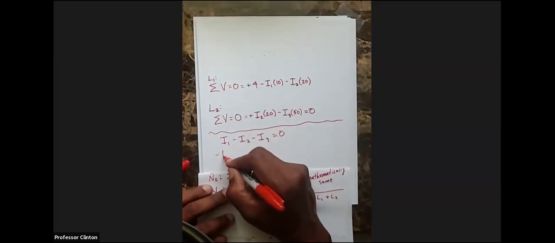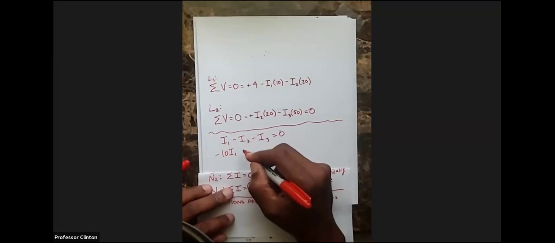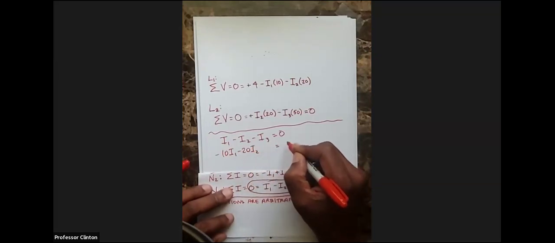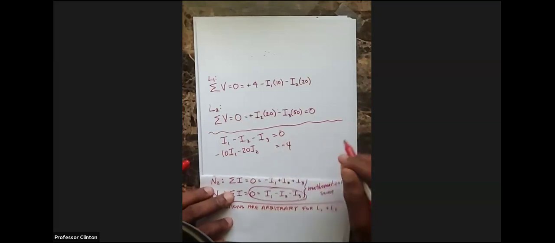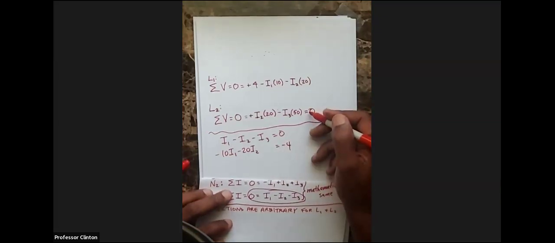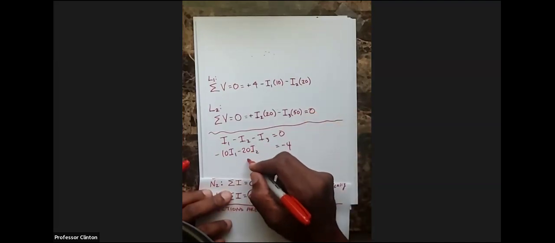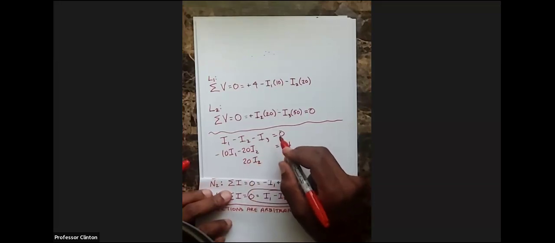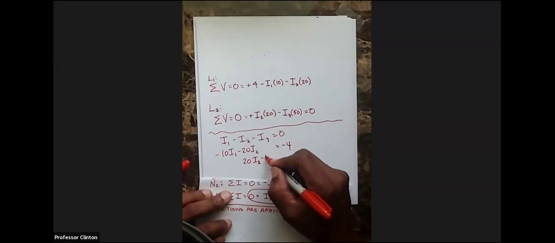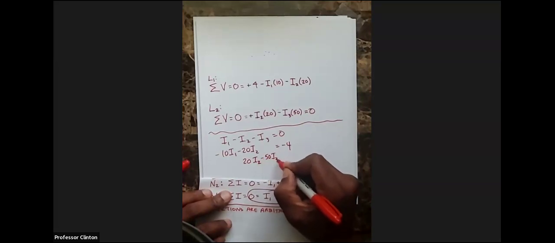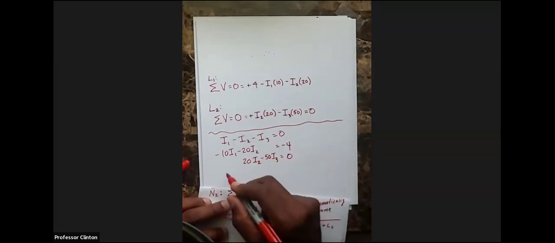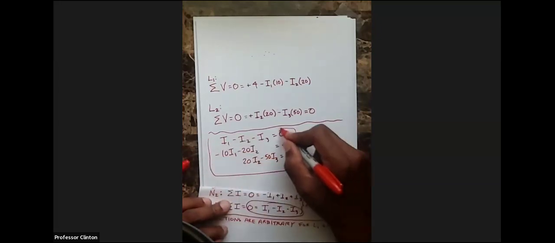So negative 10 I1 minus 20 I2 is equal to negative 4. Just put the constant on the other side. And the third equation comes from loop 2. We have no I1, so we'll have 20 I2 minus 50 I3 equal 0. So here's our system.